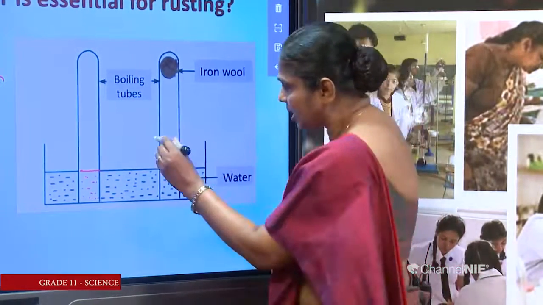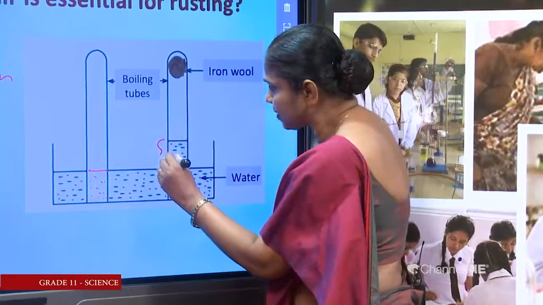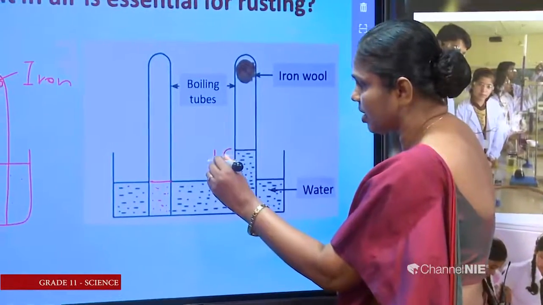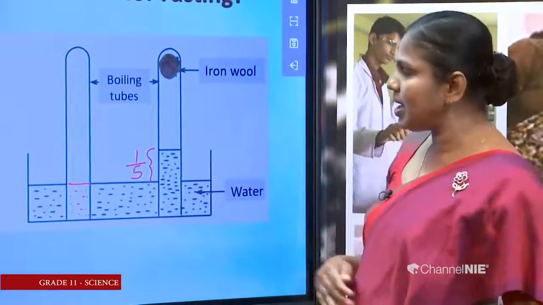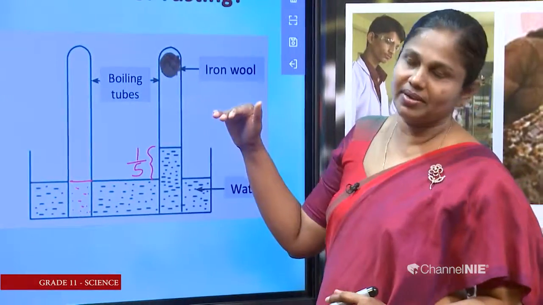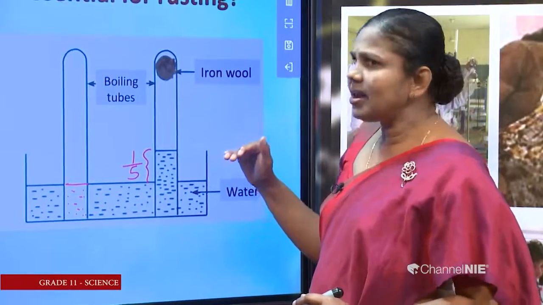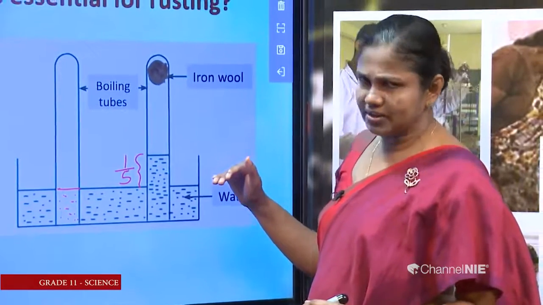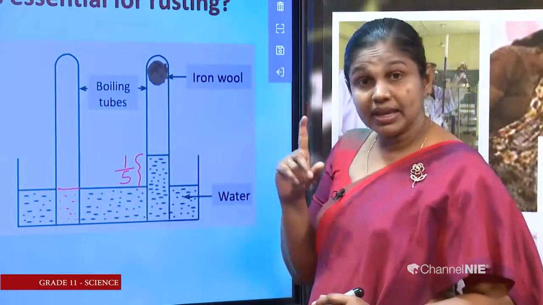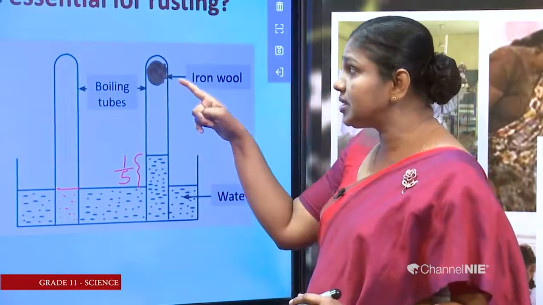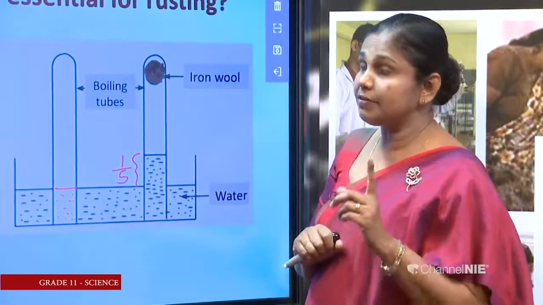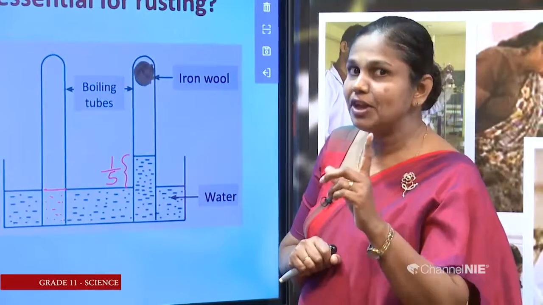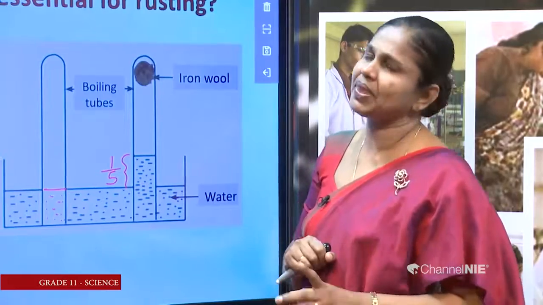Normally, only 1/5 of total volume of air in this test tube has gone up, children. Then we can have an idea on which gas is used for rusting of iron wool: the component having 1/5 of the volume of total air.